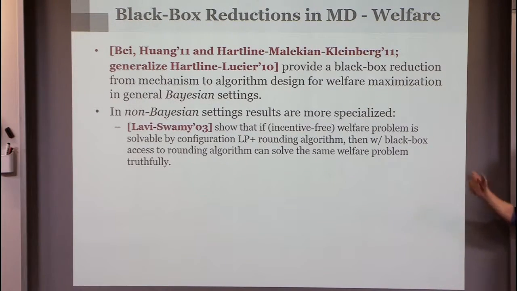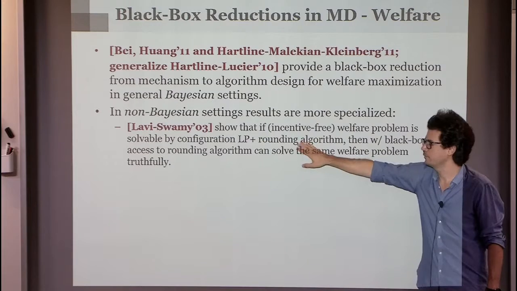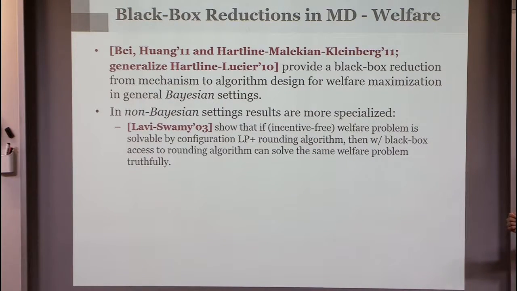This is not as general as the other result, but it says that if the welfare problem you're solving has a particular structure and can be solved by a particular type of algorithm, then with black box access to this algorithm, you can make it robust to strategic agents.